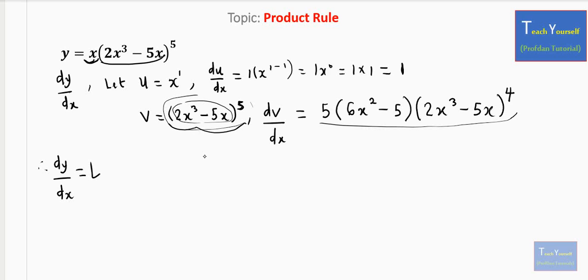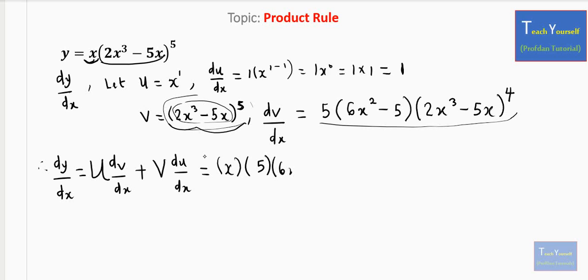x, and according to product rule it says u dv/dx plus you have v du/dx. So by substituting, our u is x, our dv/dx, the whole of this is a 5.